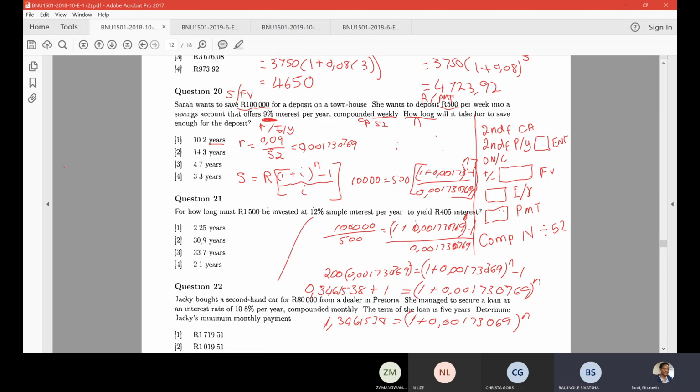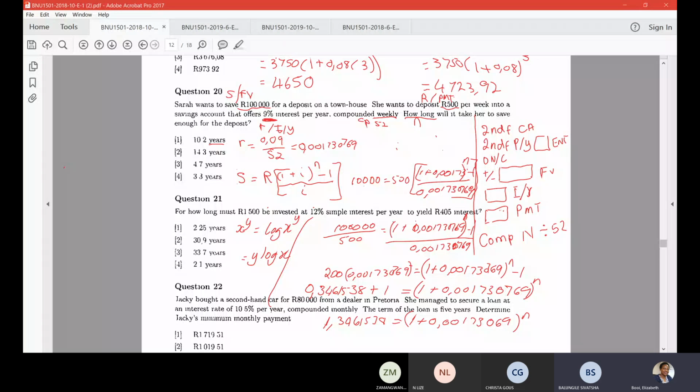I want to go back here. So remember that if I have x to the power of y, I can change this. If I apply the logarithm of x to the power of y, the whole thing becomes y log of x.